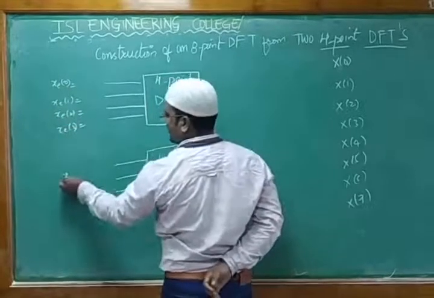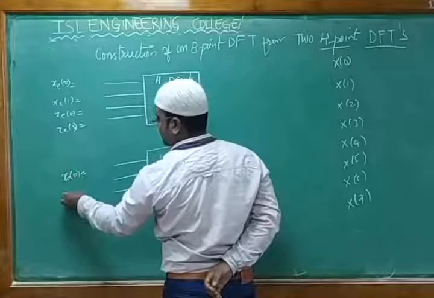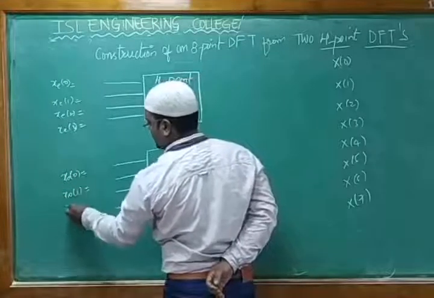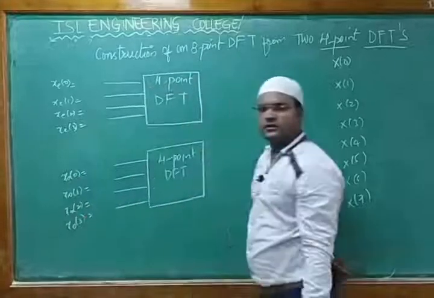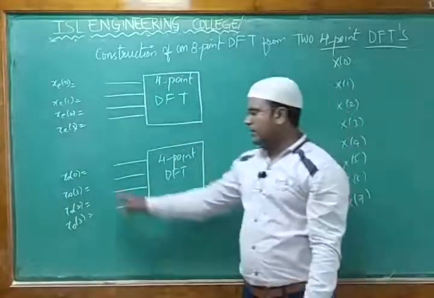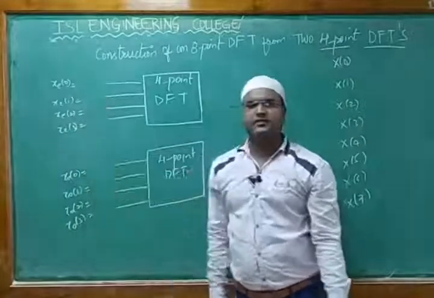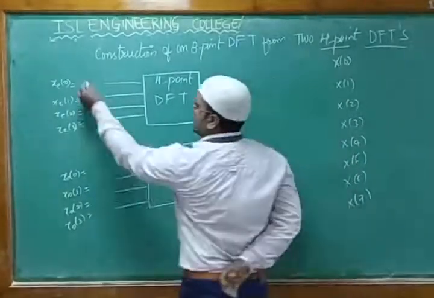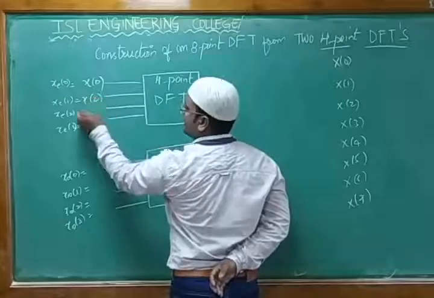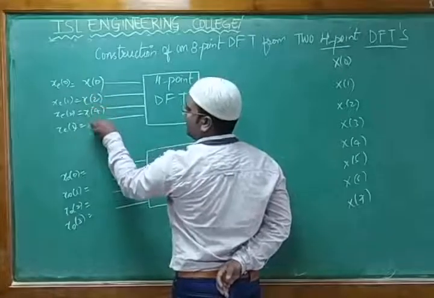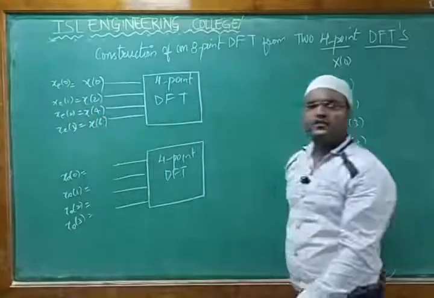Likewise here I'll take XO of 0, XO of 1, XO of 2, XO of 3. O indicates it's an odd number, E indicates it's an even number. So X of 0, it's even, then X of 2, then X of 4, then X of 6. These are my even components.